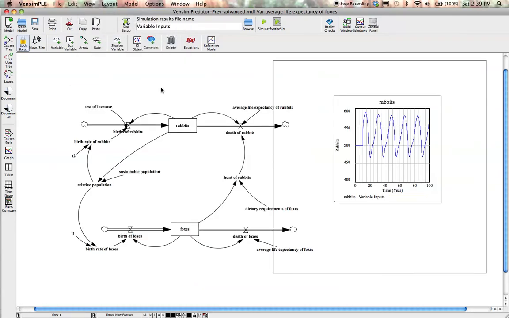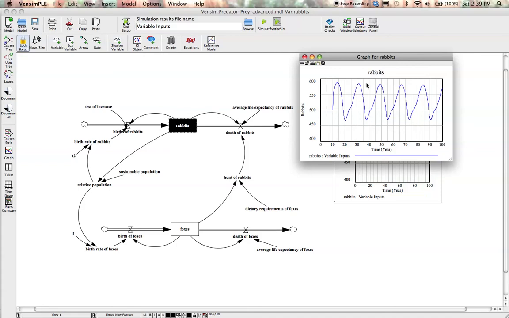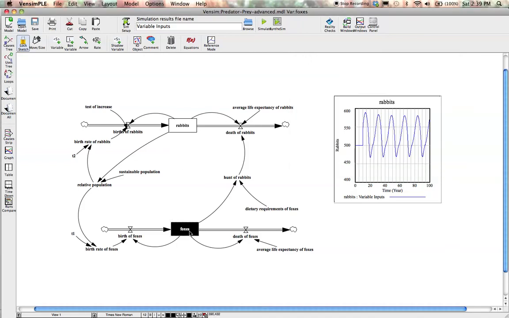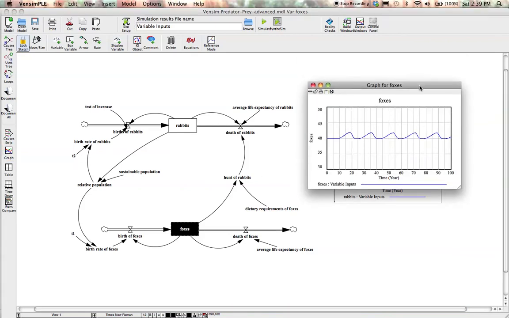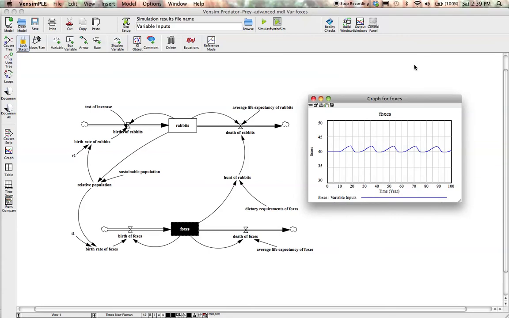Okay, so let me zoom back to the fit screen, and let's take a look at the graphs for other variables. If we look at the rabbits, that's essentially what we just saw. Okay, that's the same graph. Let's look at the foxes. Let's take a graph of the foxes, and just shade them there so they appear there.